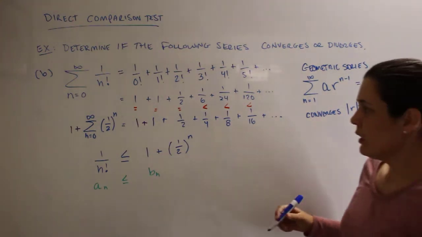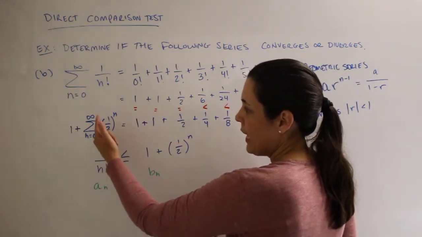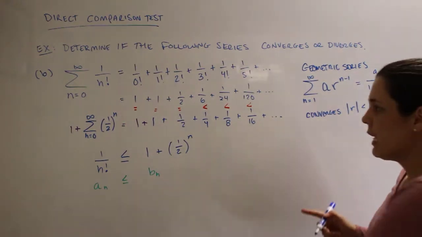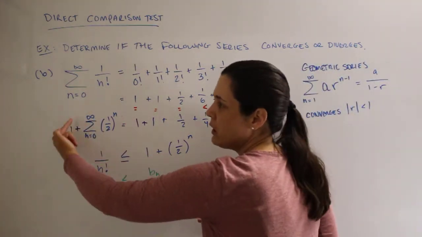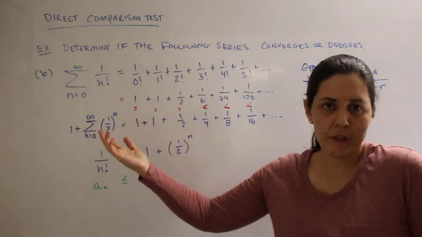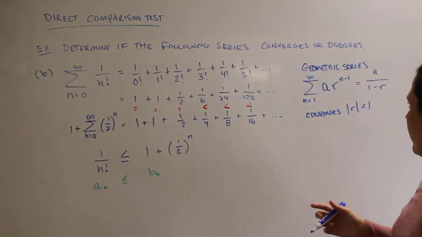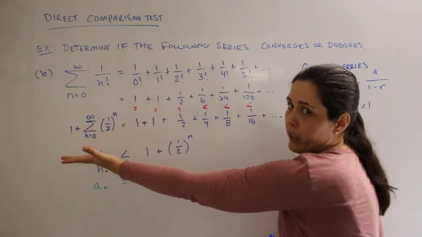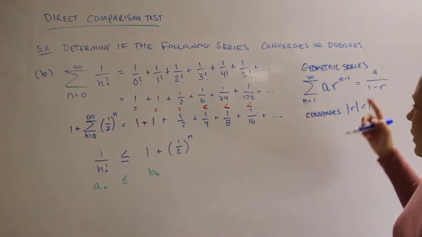So this converges to a, which is an invisible 1 here, divided by 1 minus 1/2, and then we're going to add a plus 1 to that. So this is just some number plus 1. If you want to check yourself, this would converge to 3, if you plug in the numbers there.